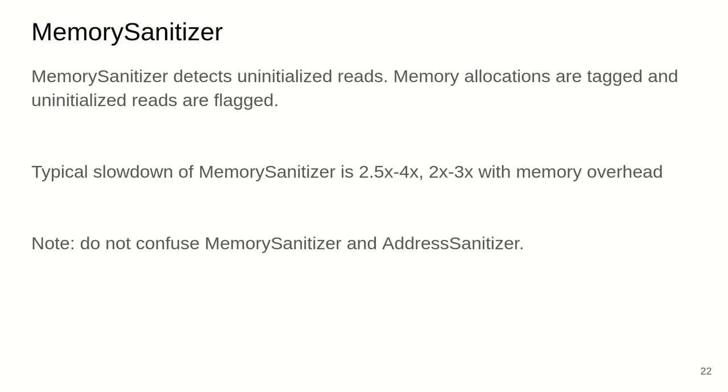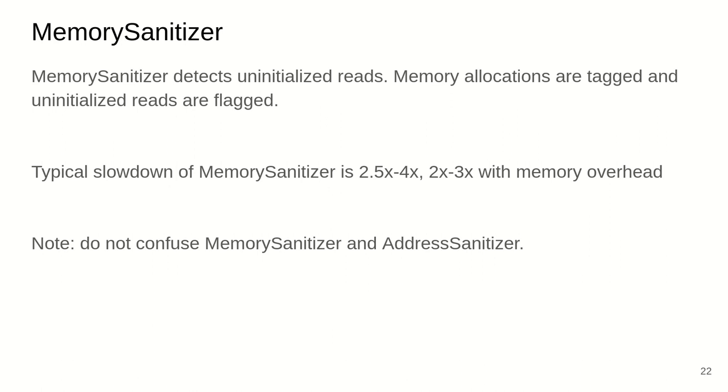MemorySanitizer is another sanitizer that detects uninitialized reads. So memory allocations are being tagged and initialized with all ones, for example. And whenever an area is being written, then on memory write, the bits are being cleared.